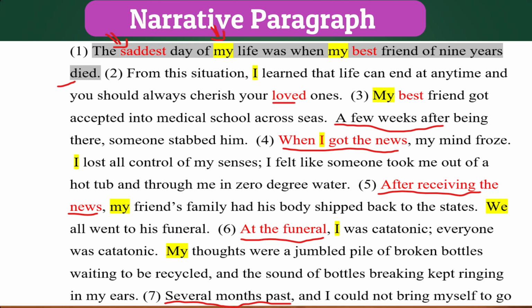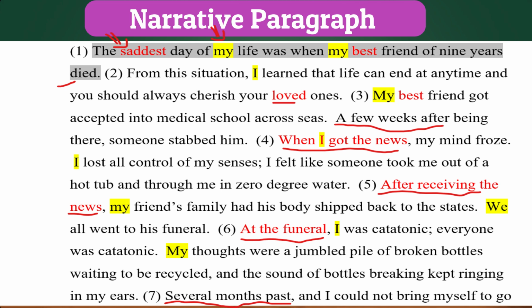Here is the use of the verb to learn, so there is a kind of wisdom. He is introducing us to a kind of wisdom. And this sentence is a supporting sentence. So from this situation of sadness, when he loses someone, I learned that life can end at any time, and you should always cherish your loved ones.